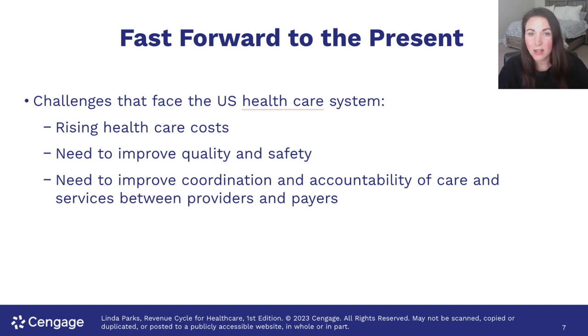But there are still a lot of challenges within the U.S. healthcare system, such as the rising cost of healthcare, the need to improve quality and safety for patients, and also the coordination of and accountability of care and services between providers and the payers. I think the first two bullets are self-explanatory, but the last one's kind of wordy.